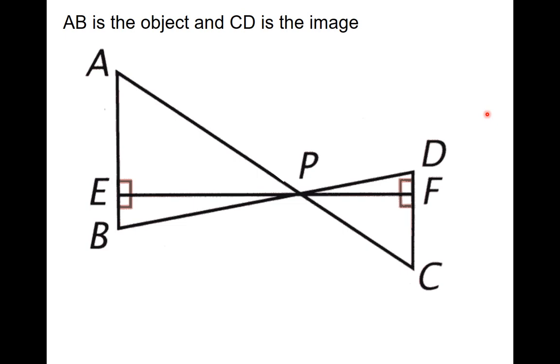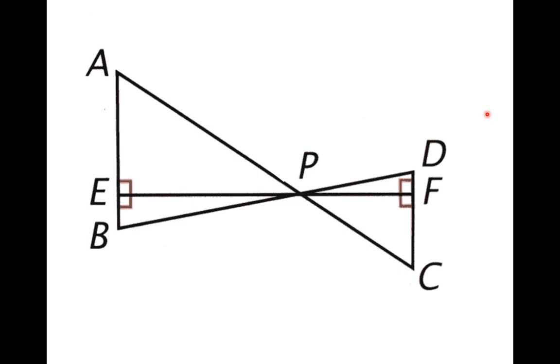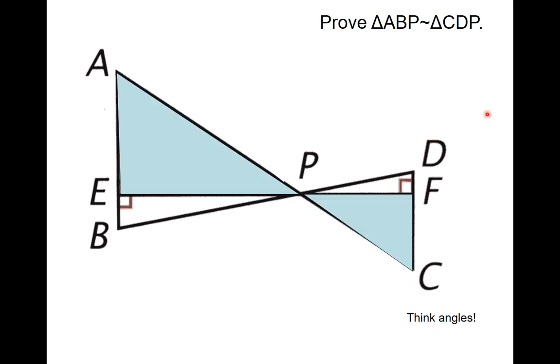Keeping in mind AB is the object, and CD is the image. First of all, we're going to prove that triangles ABP and CDP are similar. We did that, I guess. Let's take a look at these two triangles first. Let's kind of break this up.